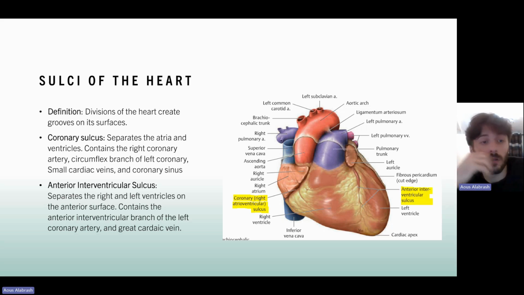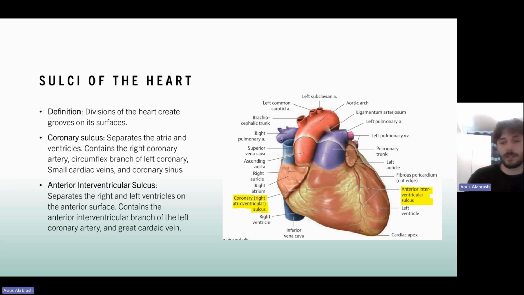Starting off with the coronary sulcus, it separates the atria and the ventricles, and it contains the right coronary artery, circumflex branch of the left coronary artery, small cardiac vein, and the coronary sinus. I won't go into details about the coronary arteries and cardiac veins because they also have their own question, but you should know them in case the professor asks any question. And knowing them obviously makes it way easier to understand why in each sulcus you have those arteries and veins.